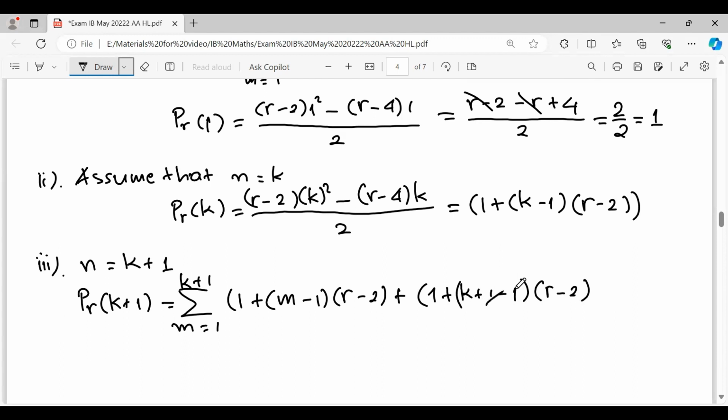So cancel 1 because 1 minus 1 equals 0. So it becomes 1 plus (m minus 1)(r minus 2) plus k times (r minus 2).